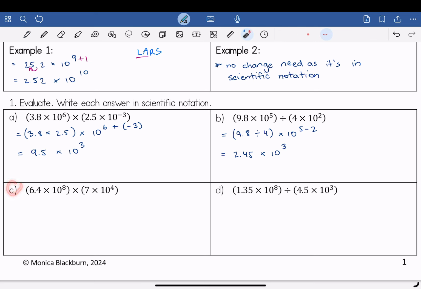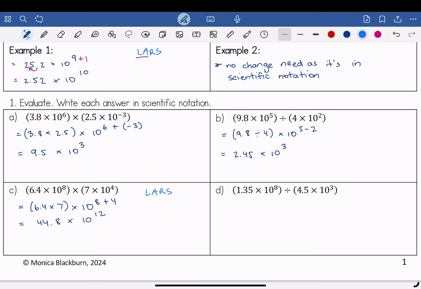Let's look at C. So we have multiplication. We're going to multiply the coefficients. Then we're going to add the exponents. So 6.4 times 7 is equal to 44.8 times 10 to the power of 12. This is not in scientific notation.